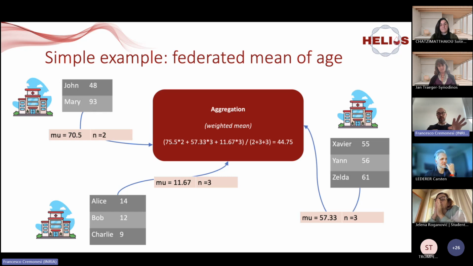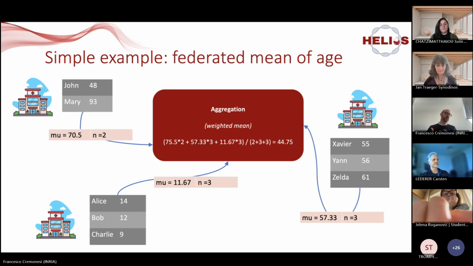To be clear, the red entity in the middle who's computing the final age reaches the information of what the average age is, which is what they wanted to obtain, but they have never ever seen John's age or Alice's age and so on. So this is the important point. This is number one.